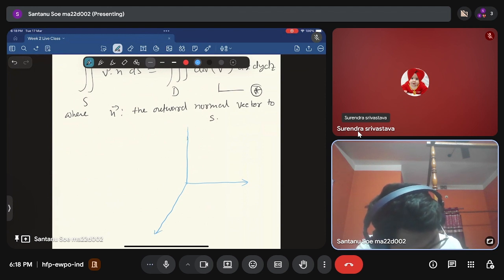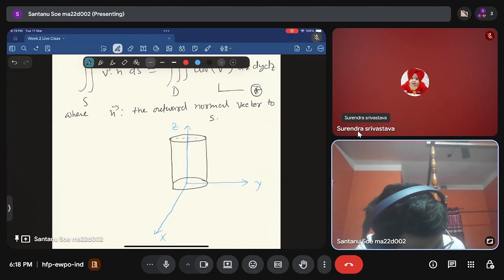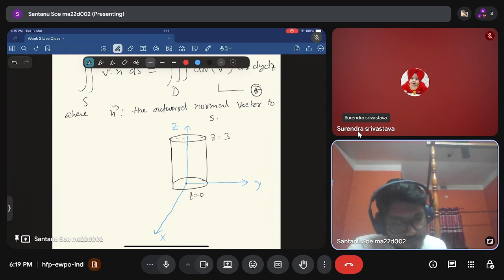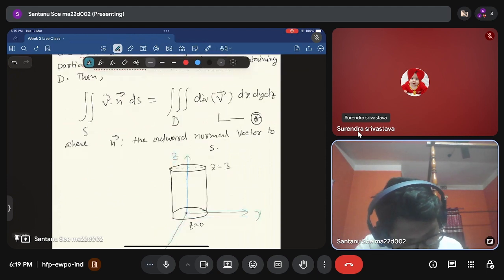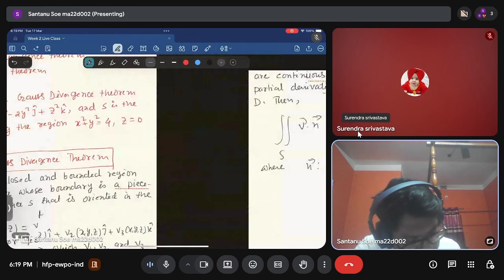This is our z axis, this is the x axis, and this is the y axis. This line is z equals 3, and this point is z equals 0, and the equation of the cylinder is x square plus y square equals 4.